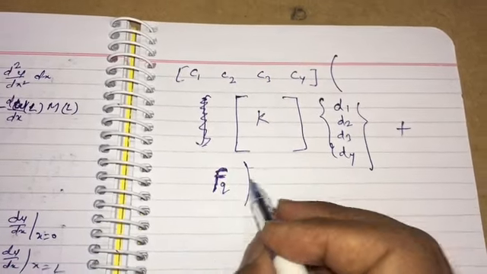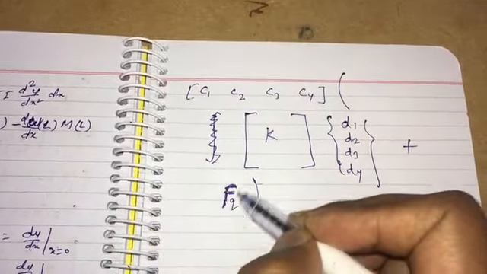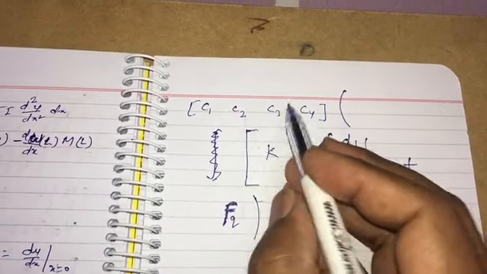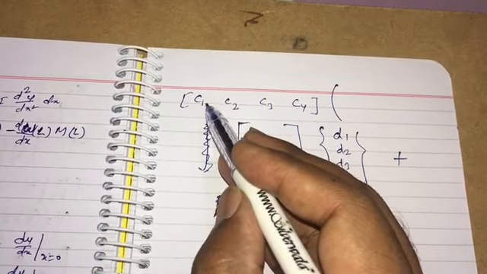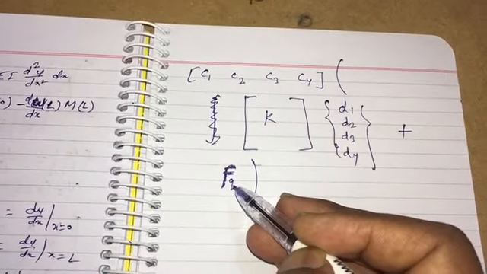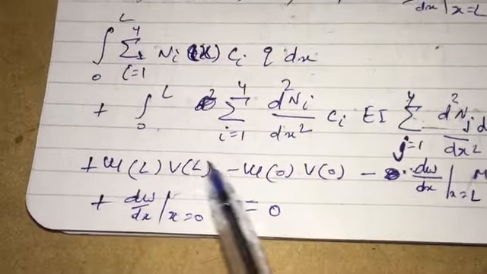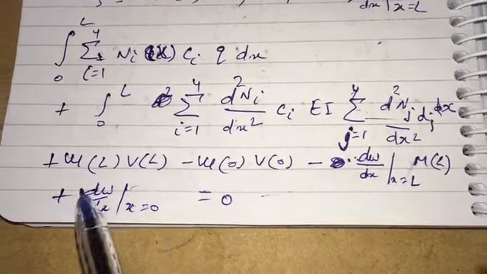This times this times this will be a scalar. So if this is 1 by 4, this has to be 4 by 1. And then we have all these as well.